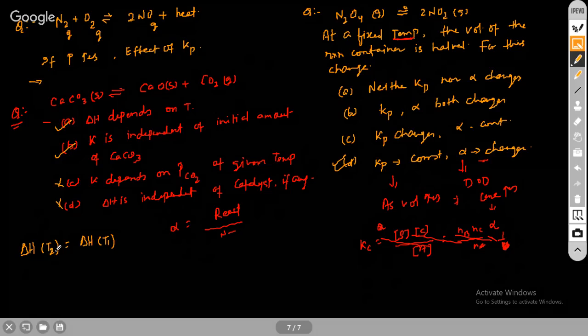Then del H at T2 equals del H at T1 plus del Cp into T2 minus T1. This we call Kirchhoff's equation. It is probably given in physics. So first of all, the enthalpy change depends upon the temperature you are taking.